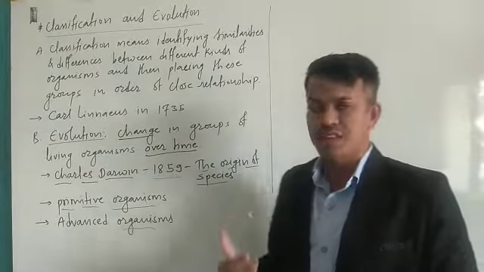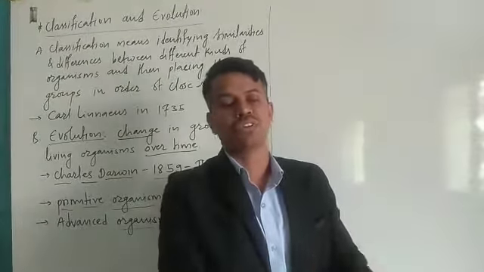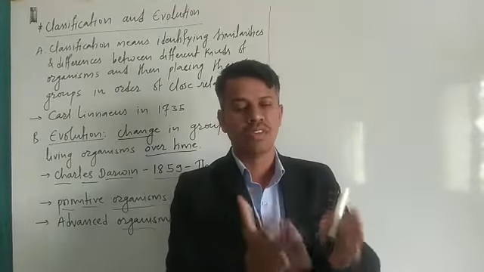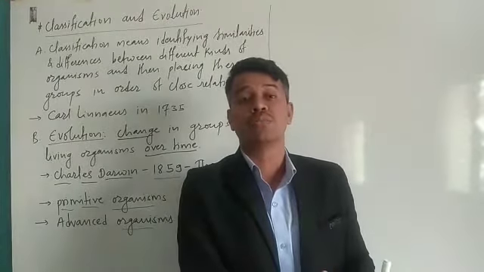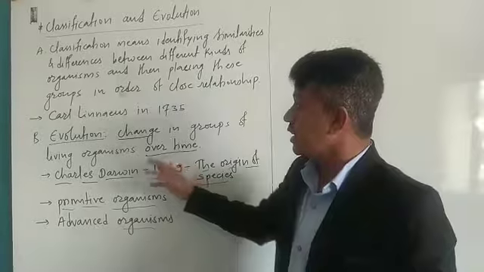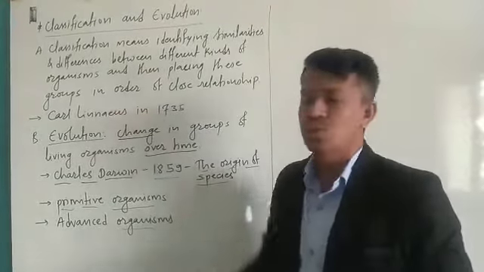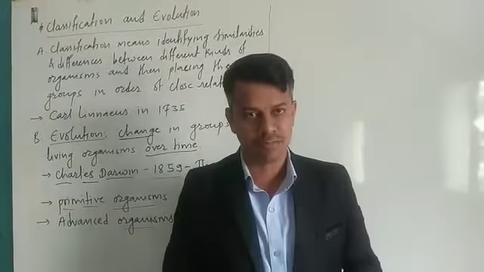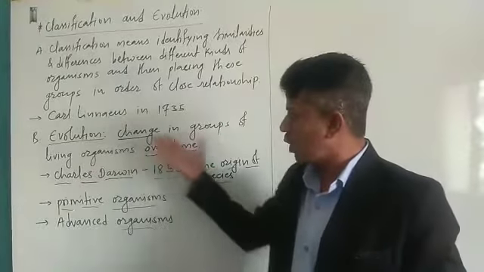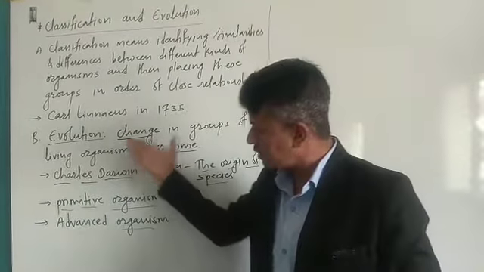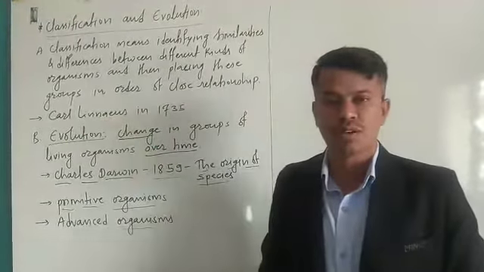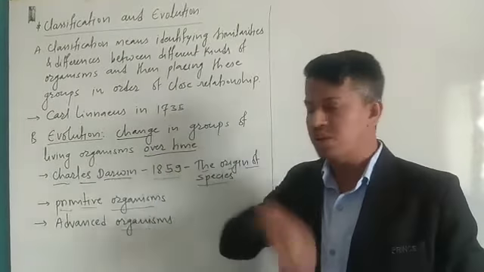The different characters adopted by living organisms we again categorize into different groups. That's why classification and evolution have a connecting link. Over a period of time, the change described in evolution takes the modified character.